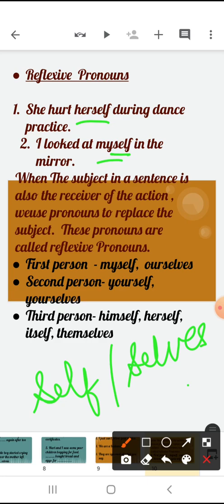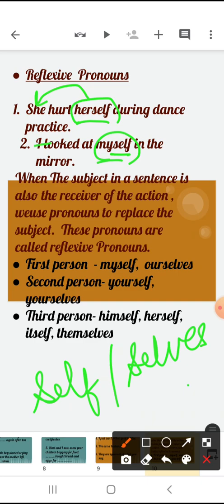In these sentences, herself and myself are reflexive pronouns. Herself is used for she. She is the subject, so we have to put herself.